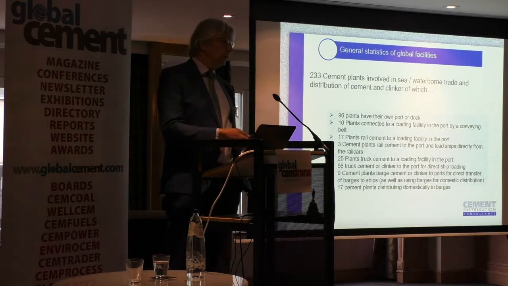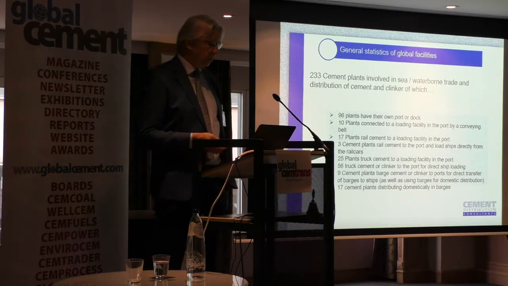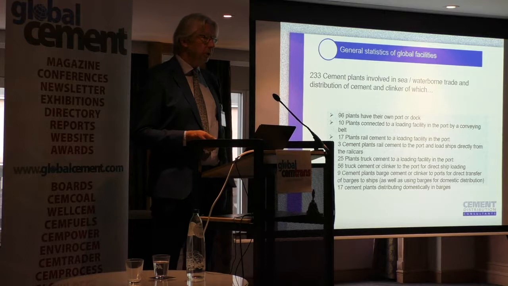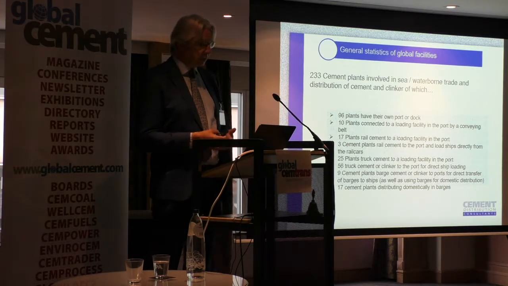Often they do that combination of receiving their coal and secondary raw materials by water, and indeed use their own port facilities to distribute and trade their cement and clinker.